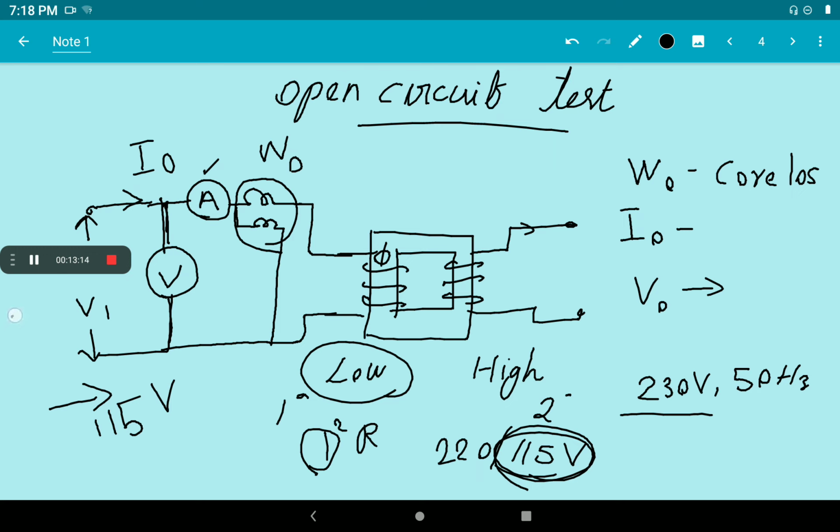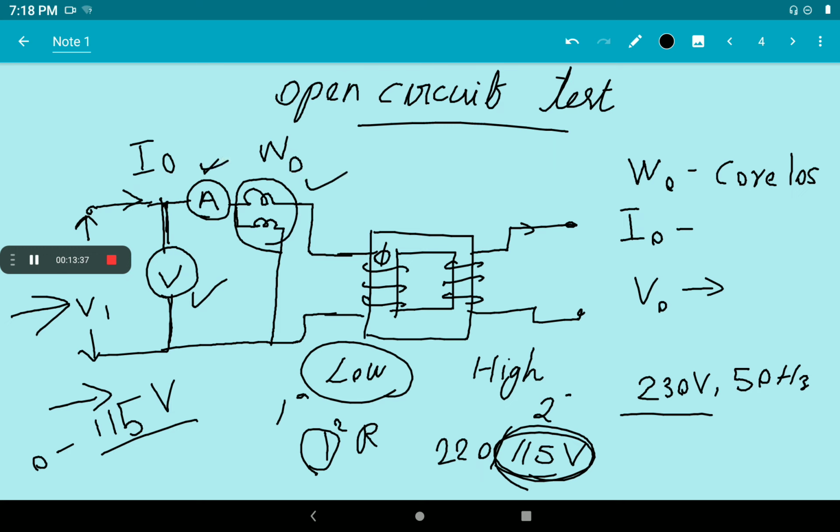By connecting an auto transformer here, we can change the voltage from 0 to 115 volt by changing the transformation ratio, so we can produce 115 volt at the primary. By setting 115 volt on this voltmeter, we can find the ammeter reading and wattmeter reading.